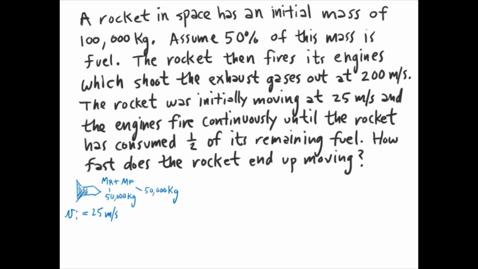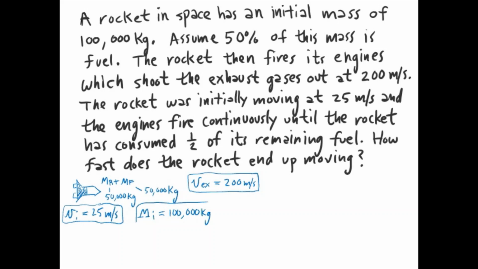Okay, so the rocket engine fires, right? The engines fire and shoot exhaust gas out the back. And the speed at which they exhaust the gas, we were told, is 200 meters per second. And so we know the exhaust gas speed, we know the initial speed of the rocket, and we know the total mass initially of the rocket was 100,000 kilograms. But at the end of this process, it's lost half the fuel. So if half the fuel is gone, that would be 25,000 kilograms of the fuel.